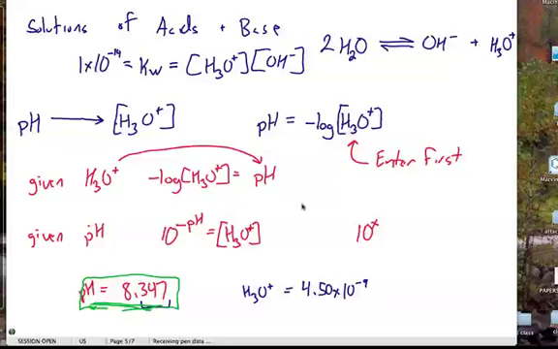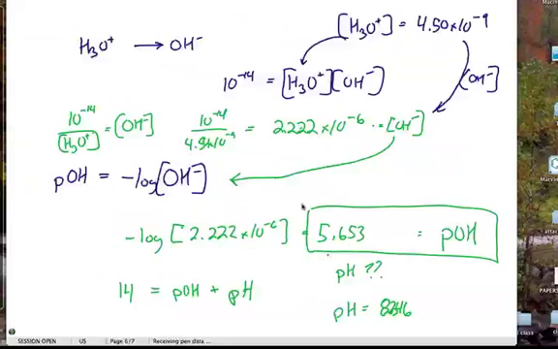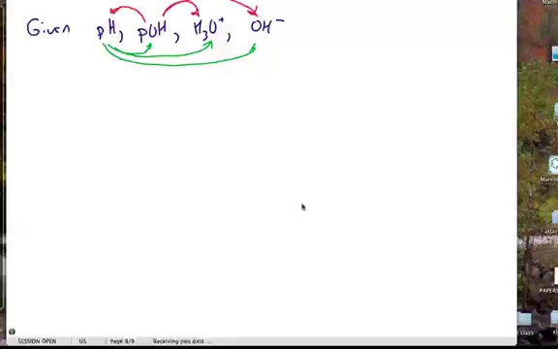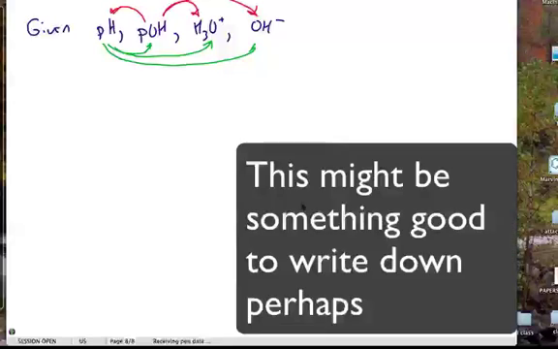All right, take-home message. Given any one value, given pH, pOH, H3O plus, or OH minus, you should be able to calculate any of the other ones, which basically gives you 12 different calculations. So let's take a look at this.